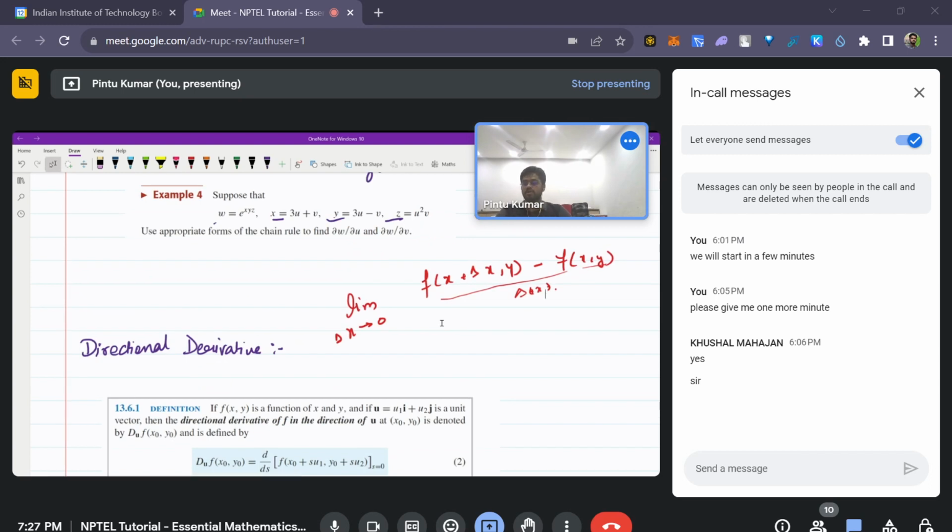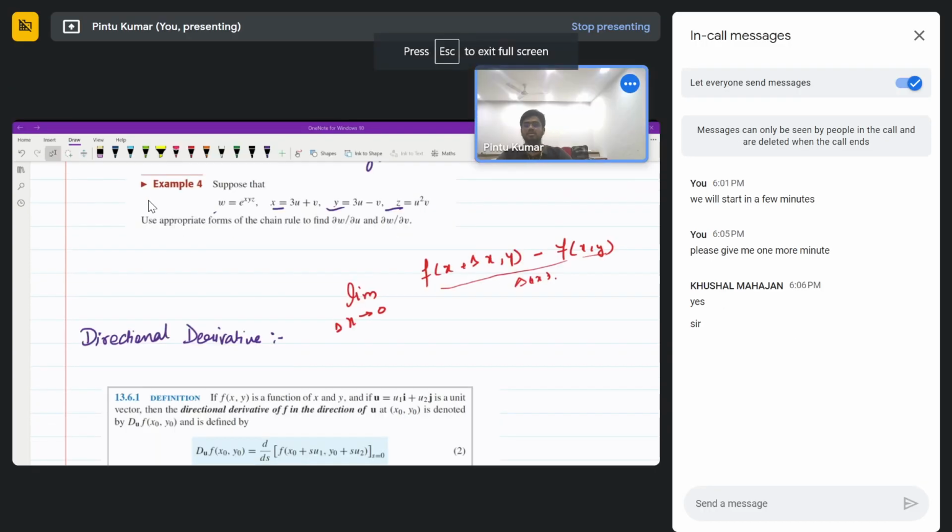So now if you look at this thing, what this is suggesting is that in x direction of this function, so this function is a function of x and y. In x direction you are incrementing a bit and you are seeing how much change in function you are getting with respect to the change that you are making in x direction.